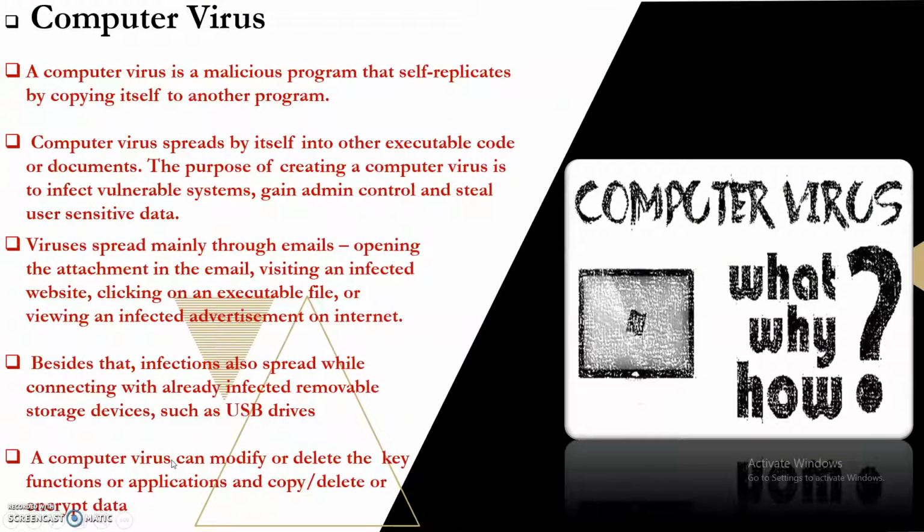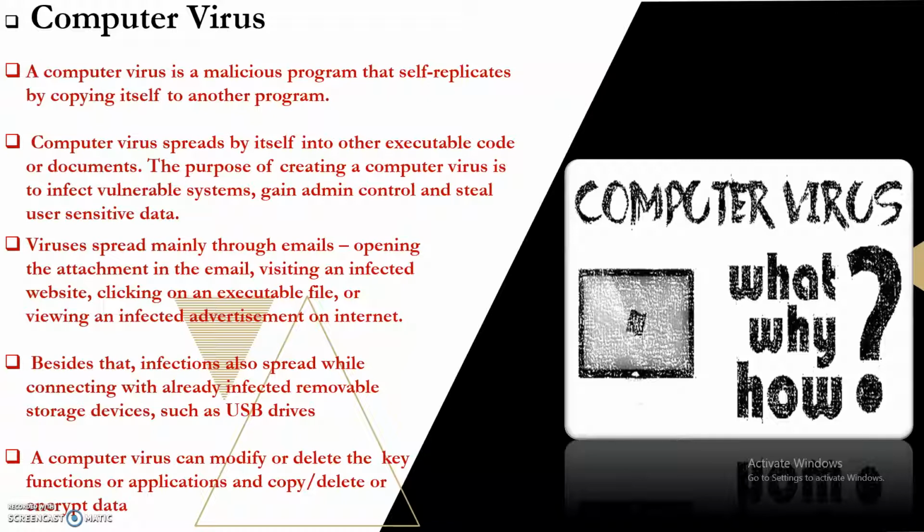On the right you can see a very bold image of why and how a computer virus spreads itself by entering an executable code or document. The purpose of creating a computer virus is to infect vulnerable systems, gain admin control and steal user sensitive data.